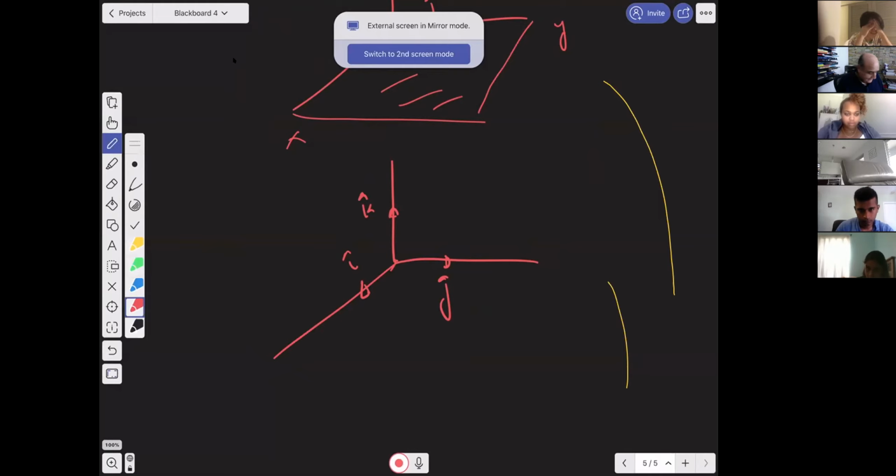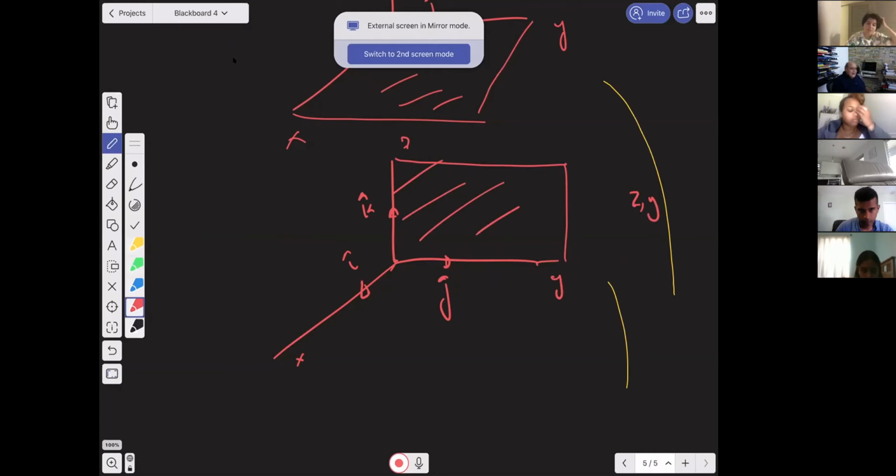Okay? So this is x, this is y, and this is z. Do you see the plane yz? What are the two vectors that are contained in this plane? Is it k? Yes, k and? Is it j? The two vectors that are on this plane are j and k.